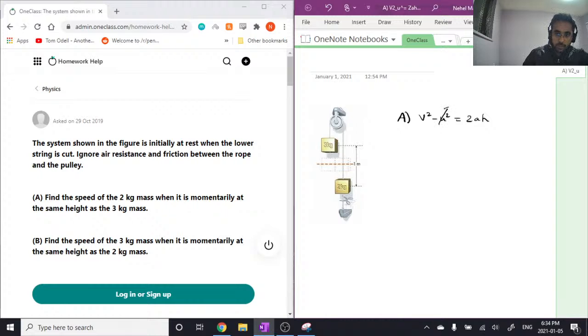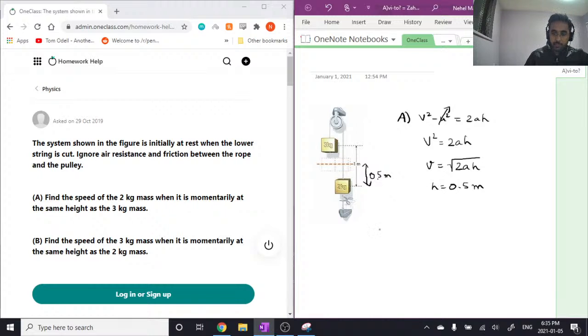So this goes away, and we are left with v square is equals to 2ah, where v, which is the final velocity, would be equal to under root of 2ah. We know h, since they meet at the middle point, which is here, is 0.5 meters. So h is equals to 0.5 meters. However, we do not know the acceleration.